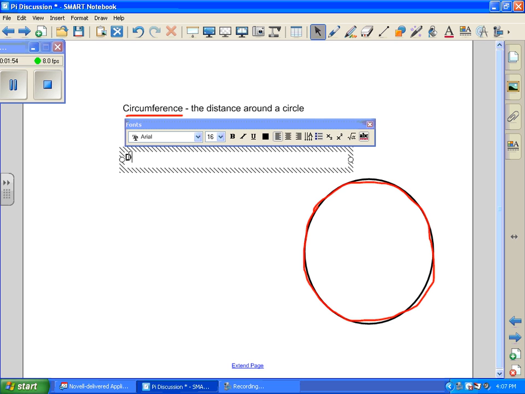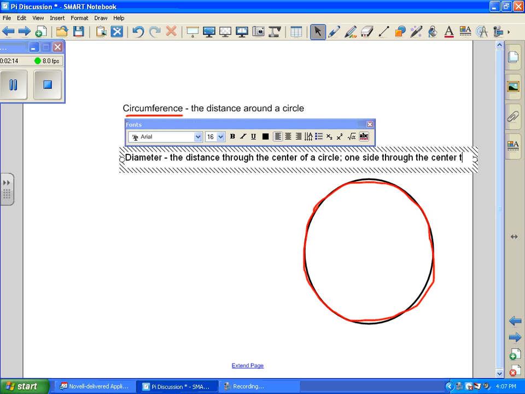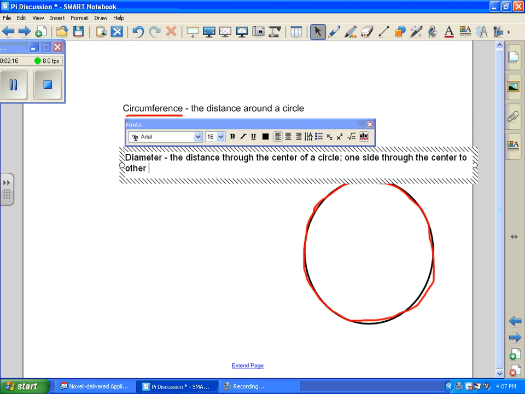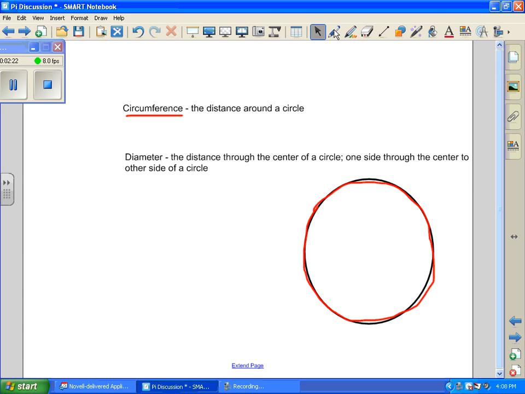The other term we need to know tonight is diameter. Diameter is the distance through the center of a circle, meaning that you need to go from one side through the center to the other side of a circle in order to get the diameter.